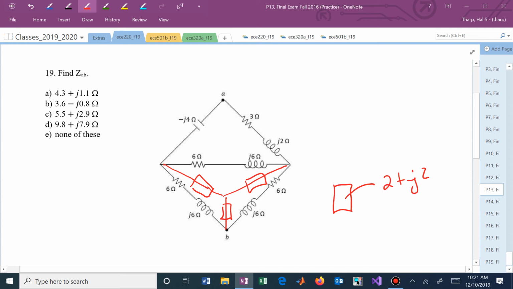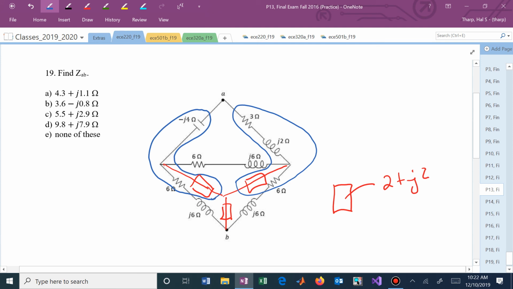And now you just start doing your complex number gymnastics and combining all of these impedances. You can combine this in series with that, this in series with that, and then these two are in parallel, and add that parallel to this one and you'll have it.